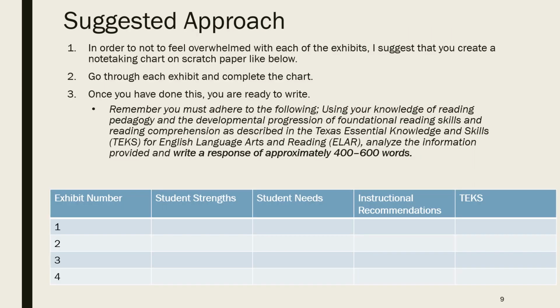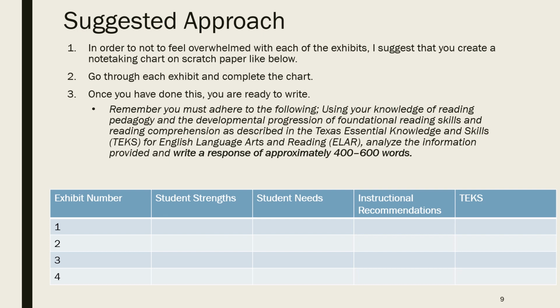So one suggested approach with this is for you to really come up with a little table after you read each data source, each exhibit. And you can do it on scratch paper.